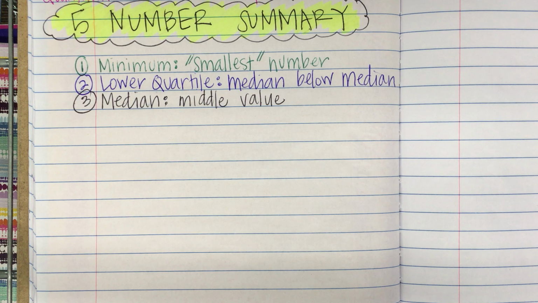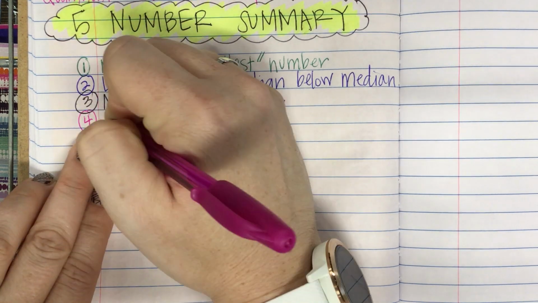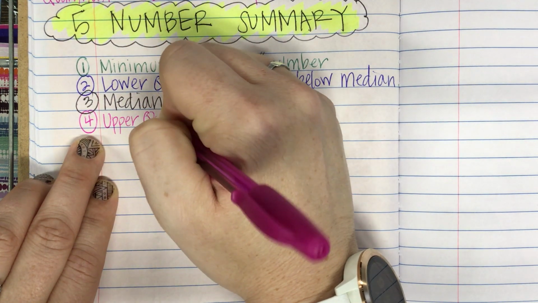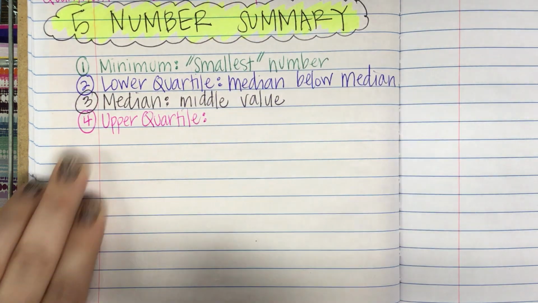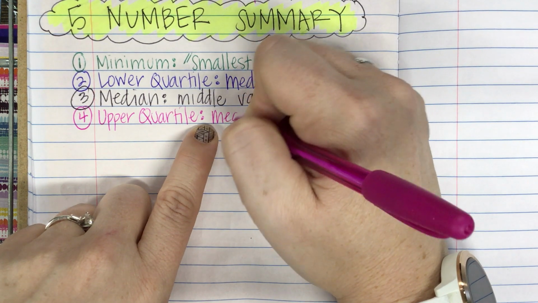The lower quartile is the middle below the middle. The median is the middle. There's the upper quartile. The upper quartile is the median above the median.